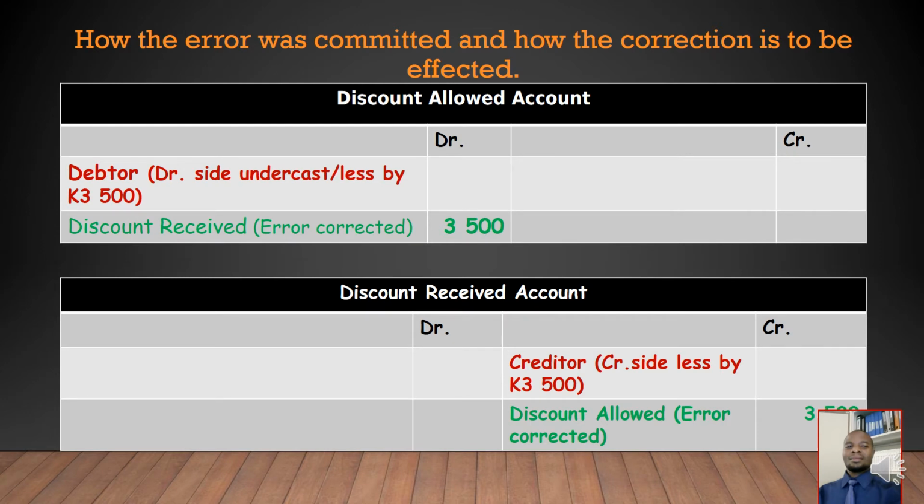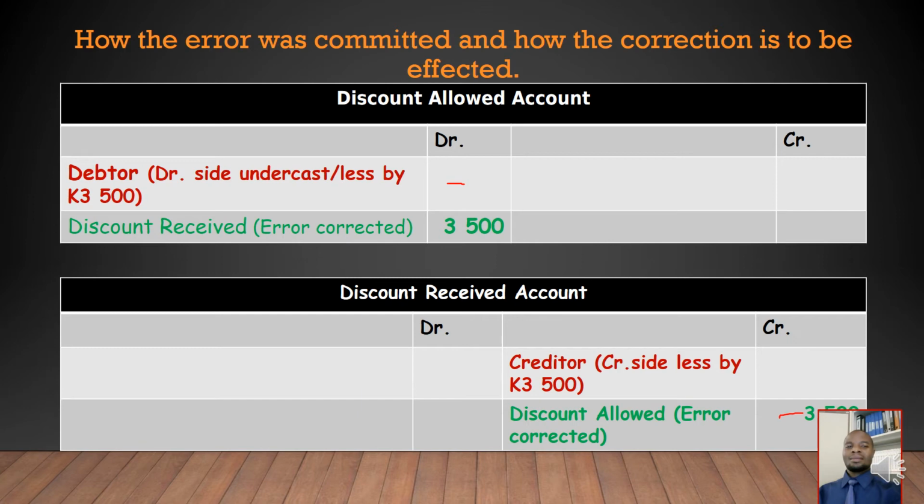In the ledger accounts, we know that this side was less by $3,500 and this side was also less by $3,500. And so all we do is add the $3,500 to the discount allowed account by debiting it, and also add to the discount received account the $3,500 by crediting it.